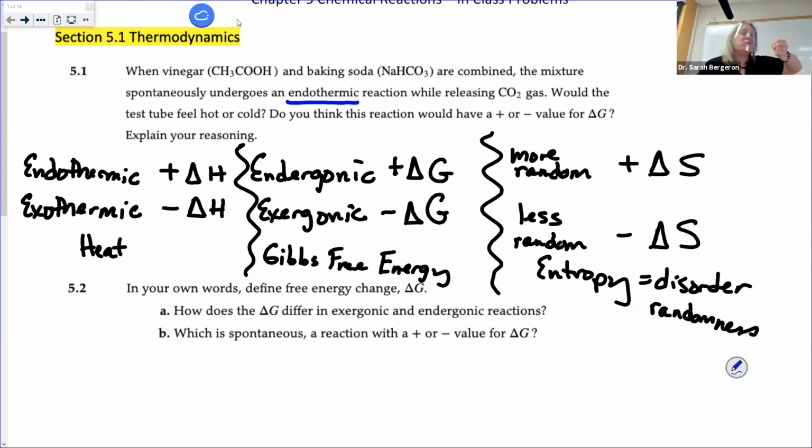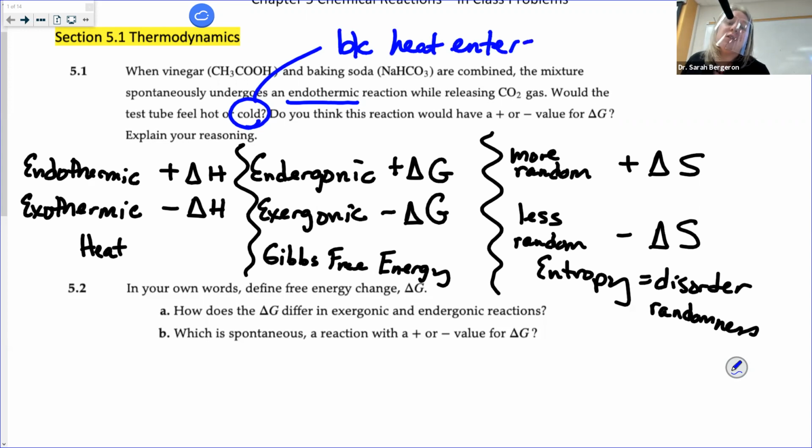So if I hold on to a test tube that's undergoing an endothermic reaction, I am not the system. The test tube is the system. The test tube is going to suck my heat into the reaction to fuel the reaction. So the test tube is going to feel cold because heat enters the test tube.